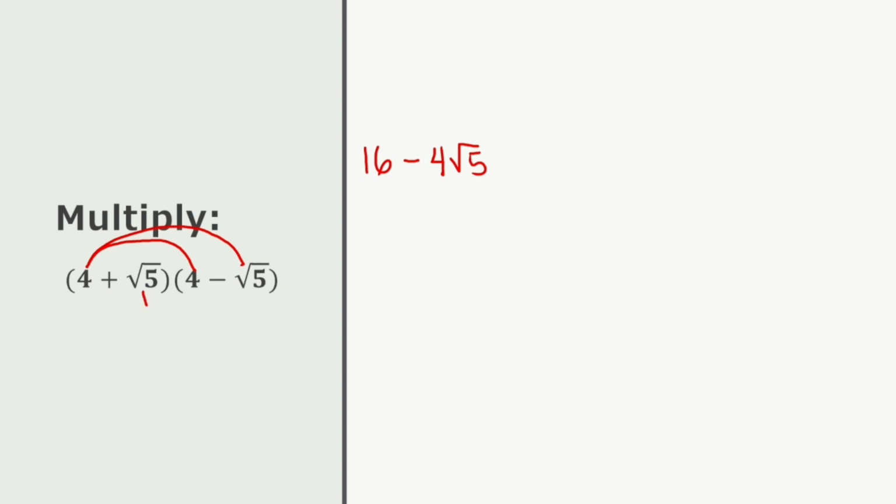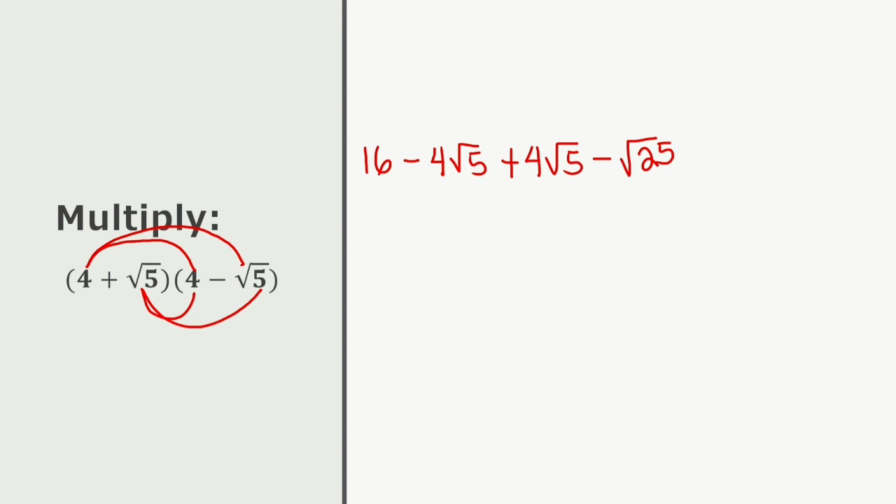Then, square root of 5 times positive 4, that is plus 4 square root of 5. And lastly, we have square root of 5 times negative square root of 5, that is negative square root of 25.